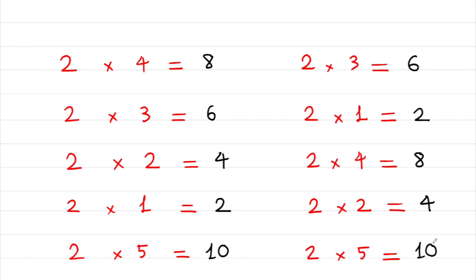So one more time, let's read each question here. How can you read this operation? 2 times 2 equal to 4. 2 times 1 equal to 2. 2 times 3 equal to 6. 2 times 4 equal to 8. 2 times 3 equal to 6. 2 times 2 equal to 4. 2 times 1 equal to 2. 2 times 5 equal to 10.